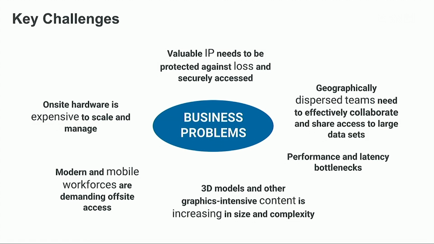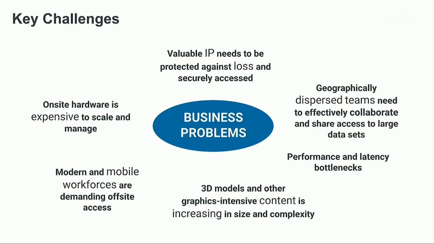So what are the key challenges that these types of customers face when they have high-performance workstation workloads? Number one, which we see most often, is that they need to protect their valuable IP. Imagine a media and entertainment studio creating the next Avengers. They don't want a spoiler to leak out. In the federal government, they don't want any classified data to leak out.